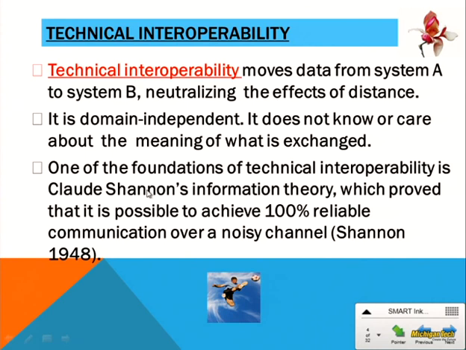There are many basic ideas there. One is what we show here: if you want to transfer data from one place to another, there is a possibility you can achieve 100% reliable communication over a noisy channel. Okay, there is a possibility. That's one. Another is measuring the information, how much information there is. This is another thing in the theory.